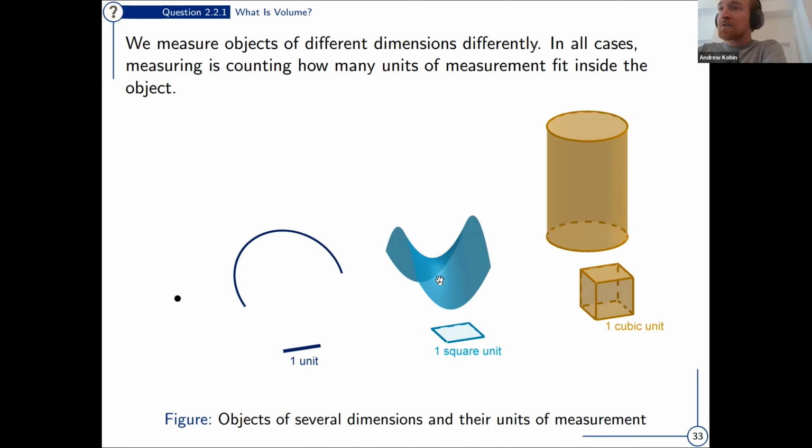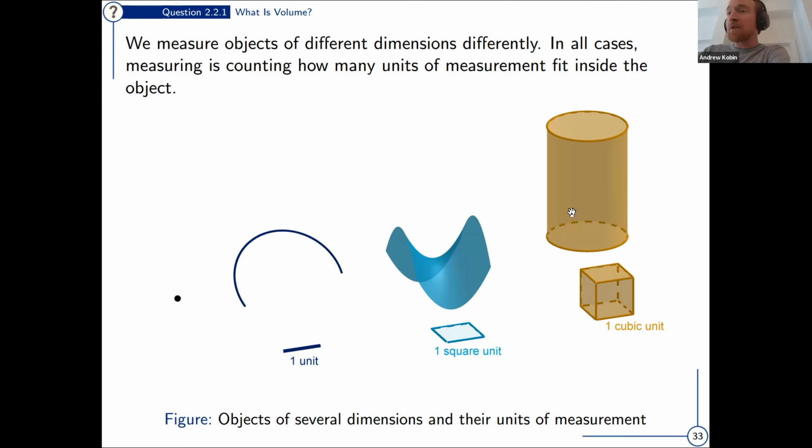There are 2 different directions to travel on this saddle. You can travel sort of along the upward facing curve or along the downward facing curve. And that's pretty much it. Any other direction you want to travel, you can get by some combination of those 2. We can ask how many unit squares fit on this surface that has a notion of area. It's 2-dimensional.